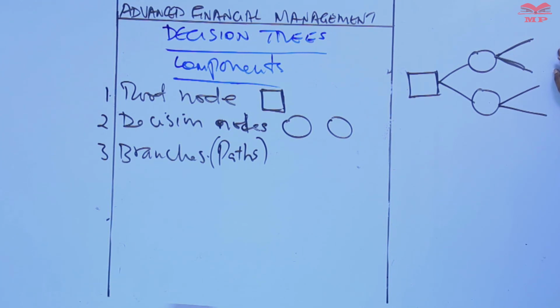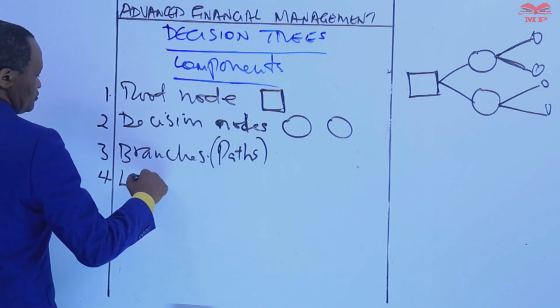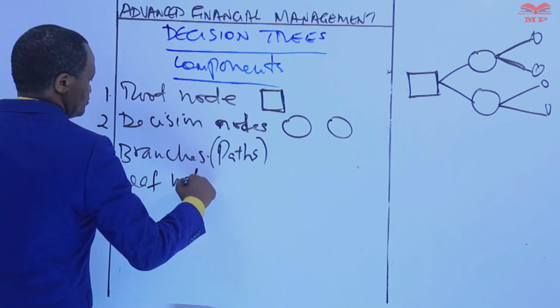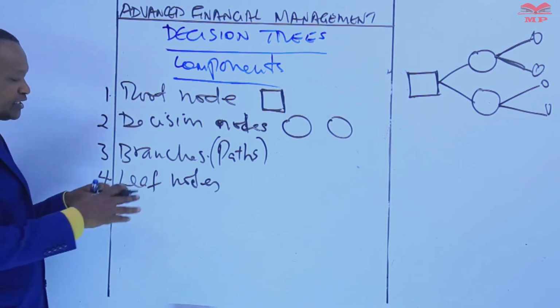Then we may have the leaf nodes towards the end. What are leaf nodes? Leaf nodes are the terminal nodes representing the final outcomes or predictions. You understand, candidates? So these are the components.